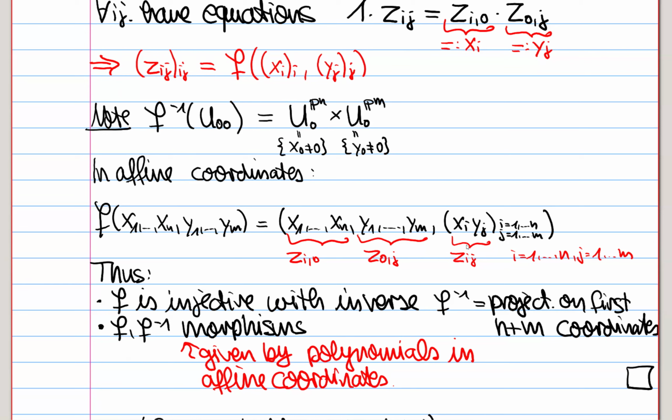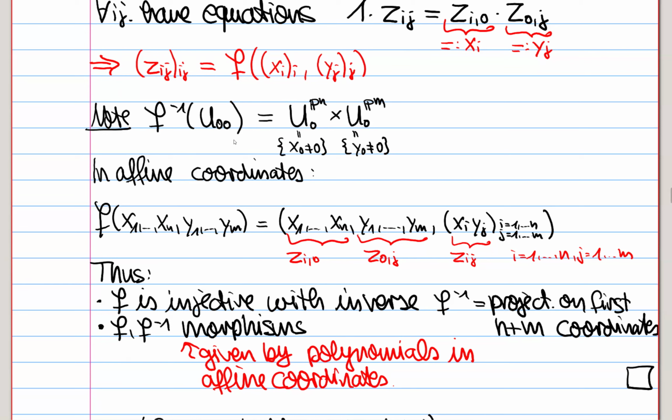And then first of all, we observe F is an injective map, because from this image, we can recover these coordinates just by projecting on the first n plus m coordinates, like this. So it's injective.